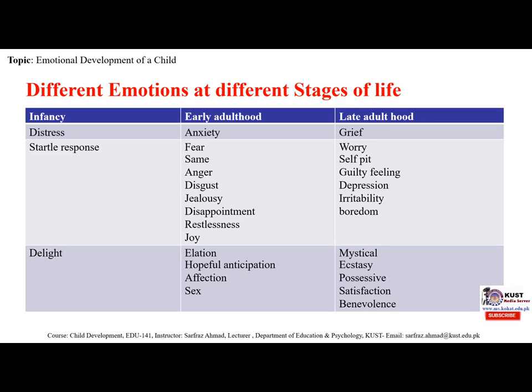In early childhood, anxiety is there, fear, shame, anger, disgust, jealousy, disappointment, restlessness, joy, and delight. In early adulthood, that is elation, hopeful anticipation, affection, sex, etc.